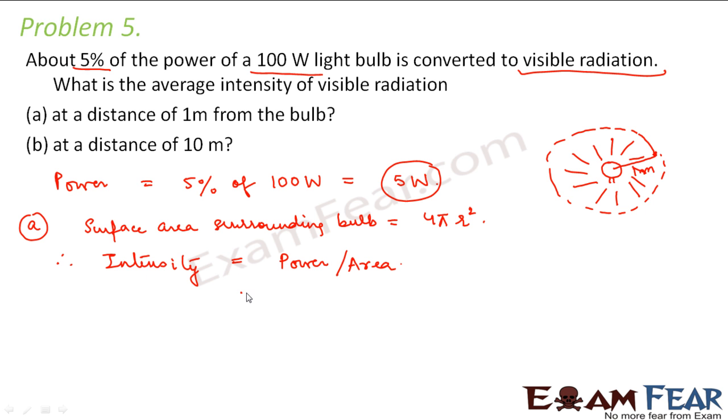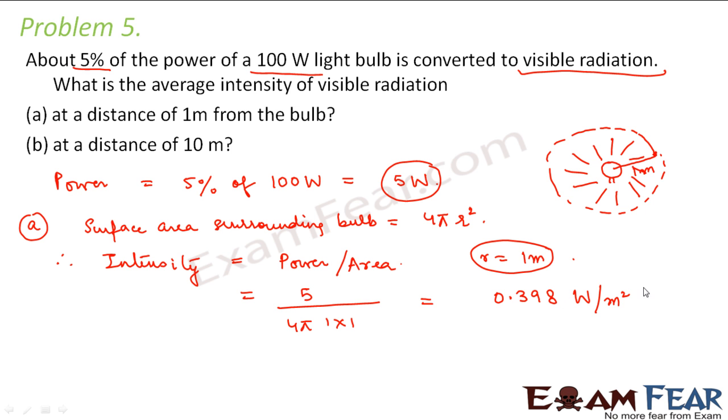So in the first part, it would be power 5 watts divided by area 4 pi r square, where r is equal to 1 meter. So this will be 1 into 1. This comes out to be 0.398 watt per meter square. So this would be the intensity.